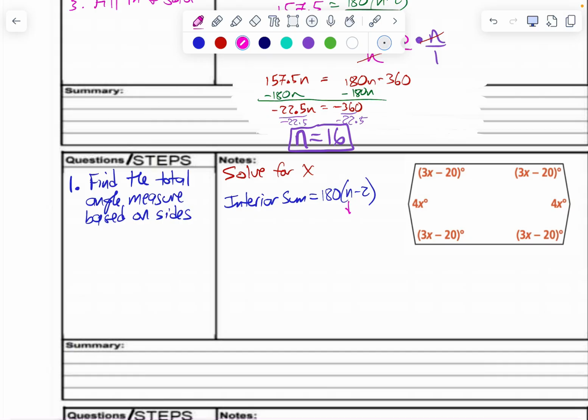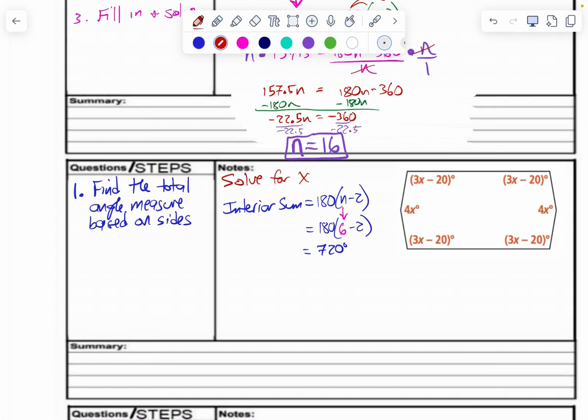Yeah, there you go. Okay, so 6 minus 2 is 4 times 180. This is 720 degrees. So there are 720 total degrees inside there. Is it a regular polygon? No.